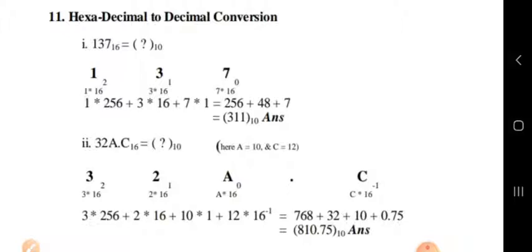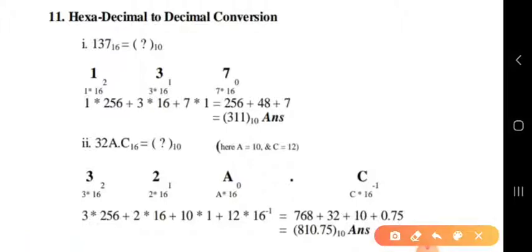A hex number can be converted to its decimal equivalent by using the fact that each hex digit position has a weight that is a power of 16. The least significant digit has a weight of 16 to the power 0 equals 1. The next higher digit has a weight of 16 to the power 1, as follows. Then it depends upon the number of digits involved in your problem.